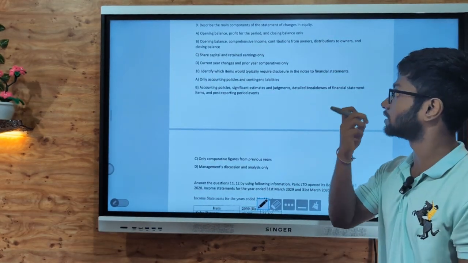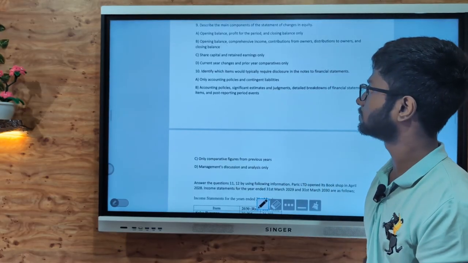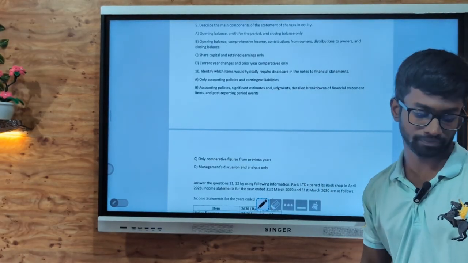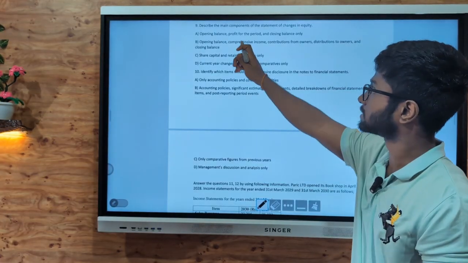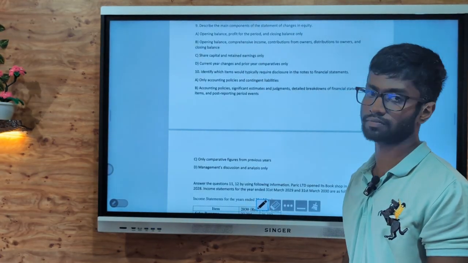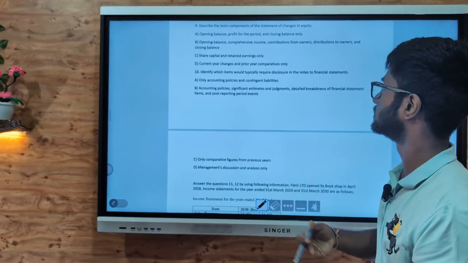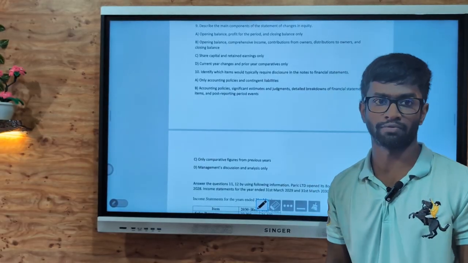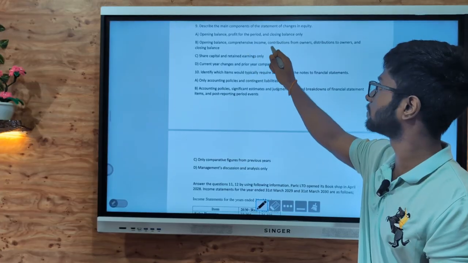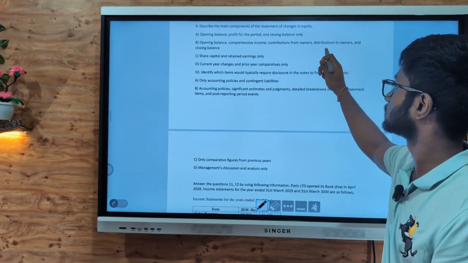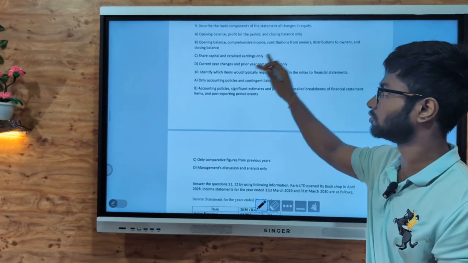Next, describe the main components of the statement of change in equity. So it should be opening balance and profit for the period and closing balance. There is more. You can include dividends, contribution from owners. So second one: opening balance, comprehensive income, contribution from owners, distribution to owners, and closing balance.